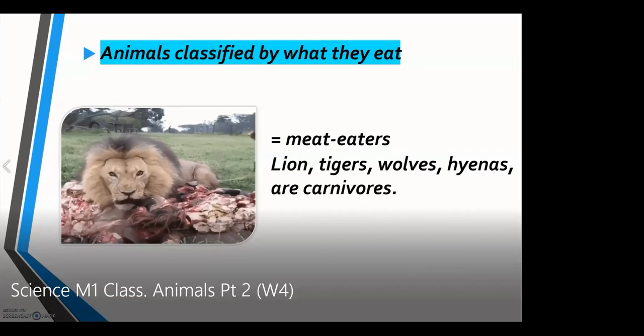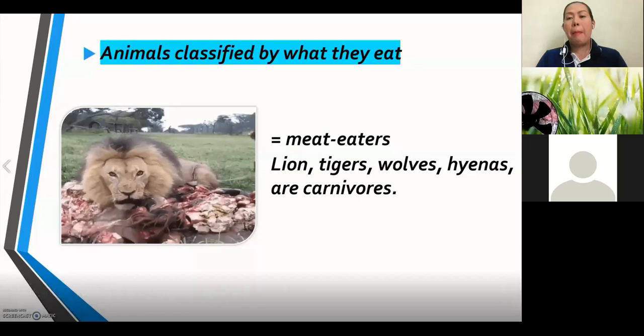So again, carnivores have different types of teeth. They have pointed or very sharp teeth that are specialized for eating meat or tearing up flesh. And they eat meat to gain energy because most of them run really fast because they chase for their food.